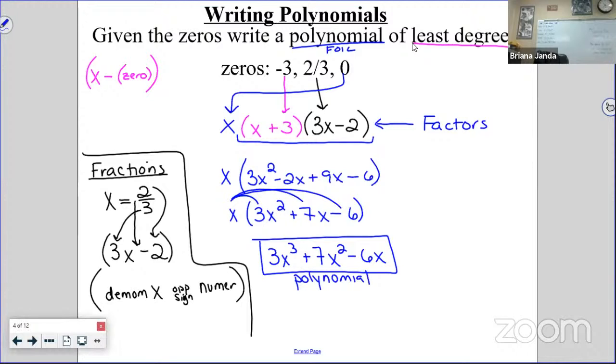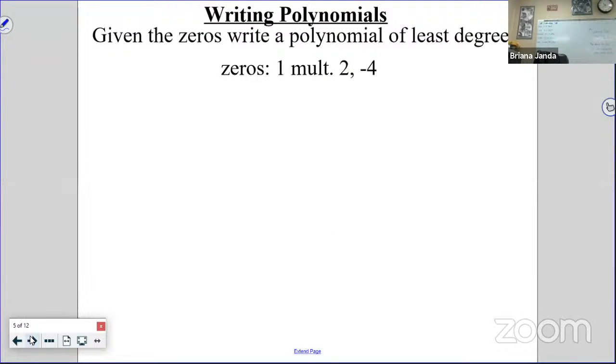So let's look at one more here of this similar type so that we can see what happens when we have a multiplicity in our list of zeros. Same directions, given the zeros, right? A polynomial of least degree just means we're not going to make anything bigger than it needs to be. We move into our factors first, the same as we would have. So if it has a 0 of 1, remember opposite sign.